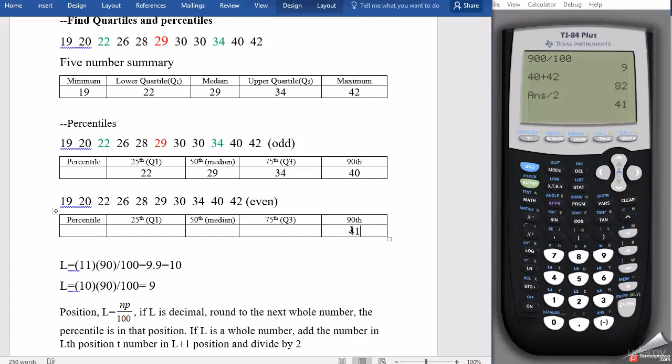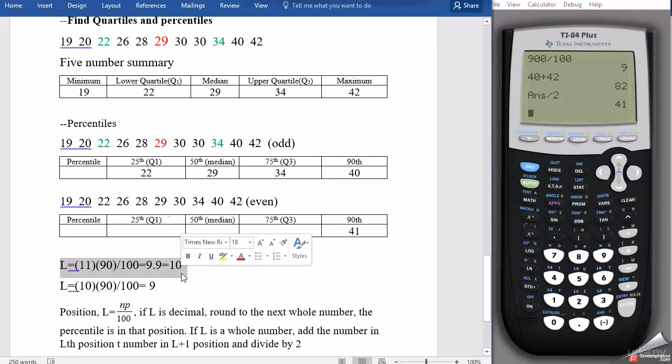Okay, you can see the difference. We have even numbers and we have odd numbers. When we computed the percentile position with 11 numbers, we had 9.9, so we round it up to 10, then the 90th percentile is in the 10th position.